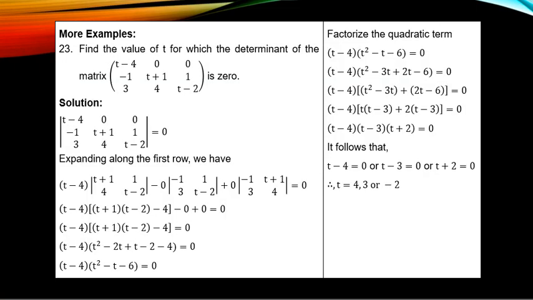Okay, so we have more examples. That is example 23. Find the value of t for which the determinant of the matrix is 0. Because the entries are enclosed in a round bracket, it is called a matrix.